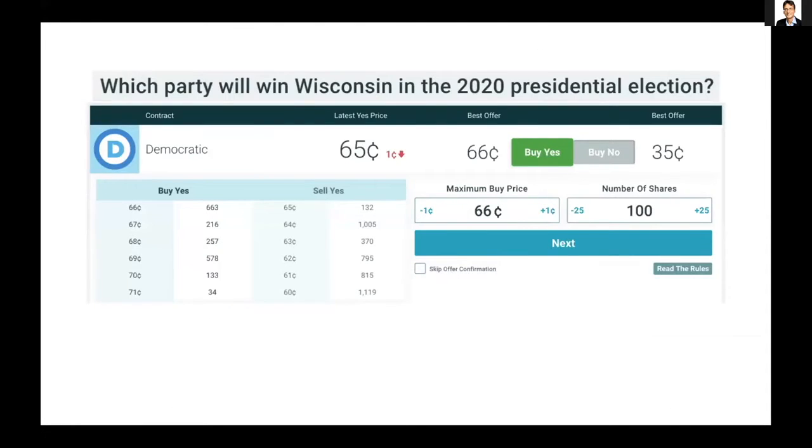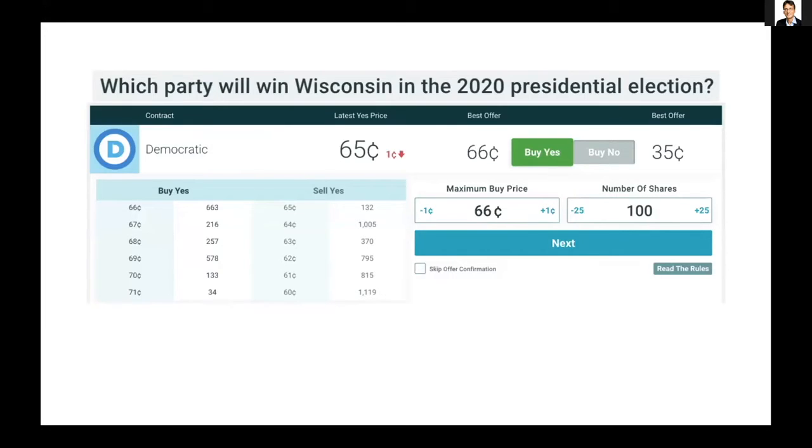So if you look at Wisconsin, this is from a couple of days ago, but the prices are about the same today. Suppose you believe that the Democratic candidate would win Wisconsin with a 70 or 75% chance. Well, in that case, you might want to buy a contract, which is available right here on this slide for 66 cents. That'll give you a payoff of $1 if the event actually occurs.